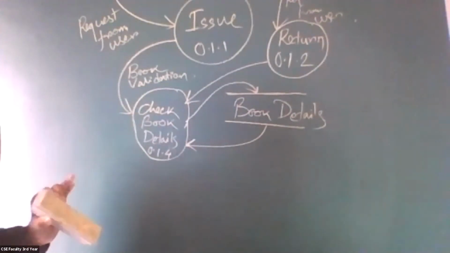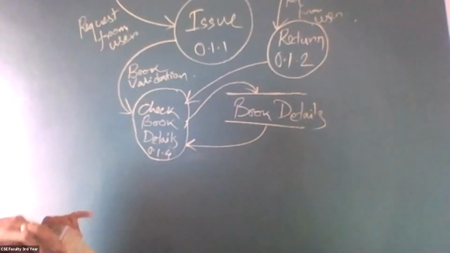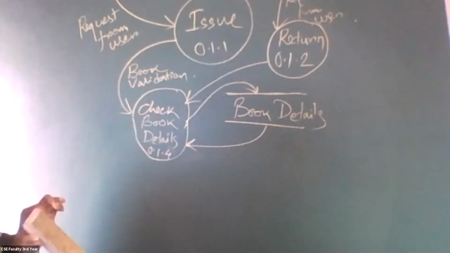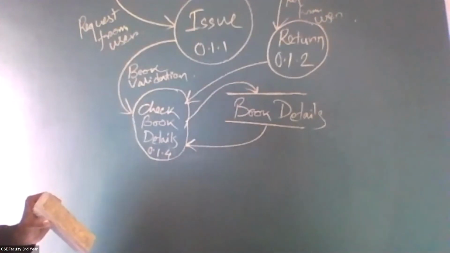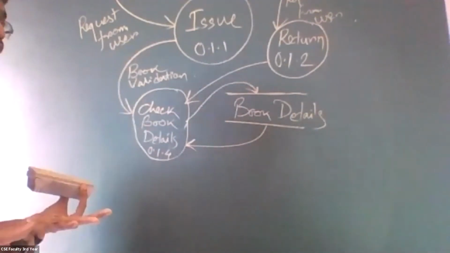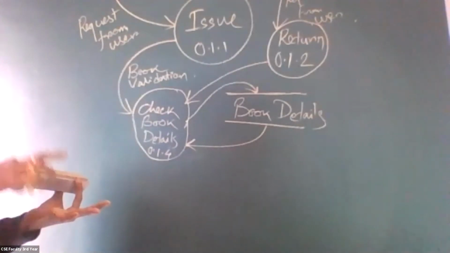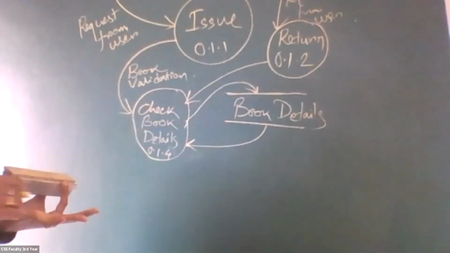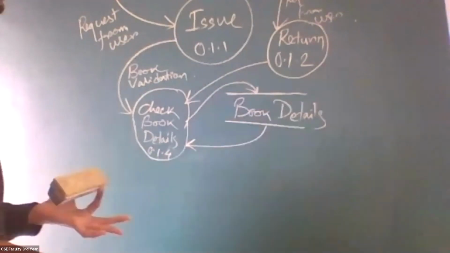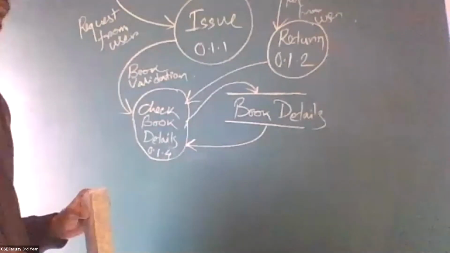Then I will show you how to draw the actual library management system user request, level 2 DFD. I'll show you in the next class. But you have to draw by your own idea. You have to provide your idea also. I want to see. Is that okay? Yes, sir.